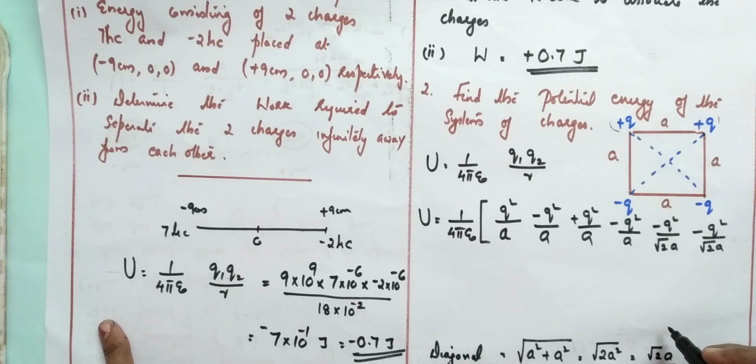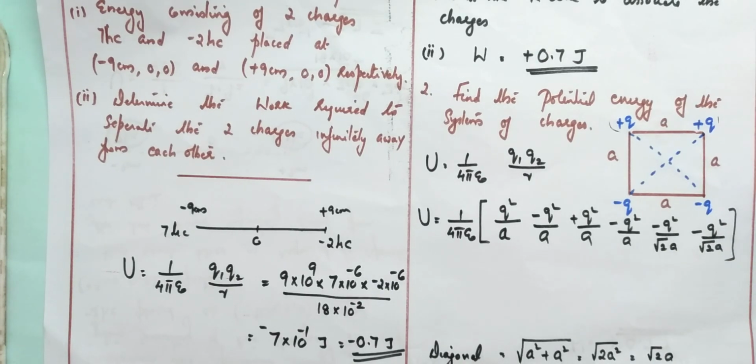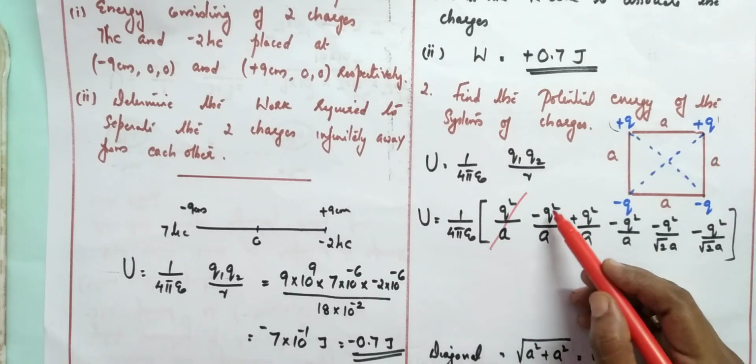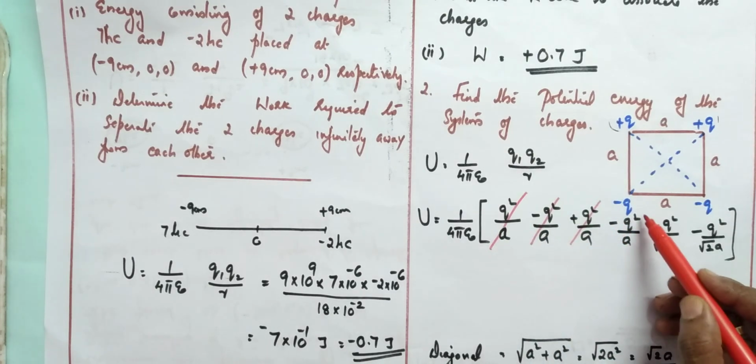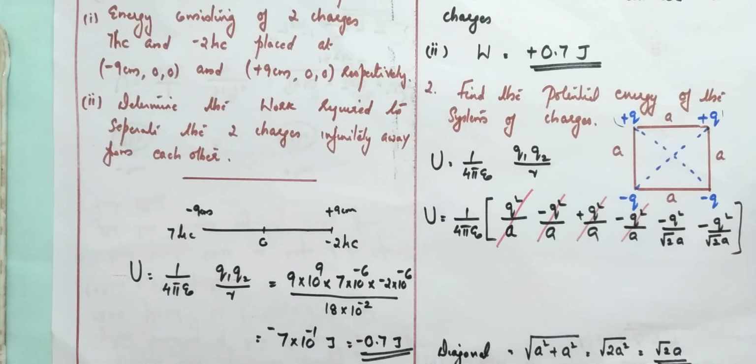This is the potential energy of the system. Clear? Now, what terms can be cancelled? Q square by A minus Q square by A plus Q square by A minus Q square by A get cancelled.